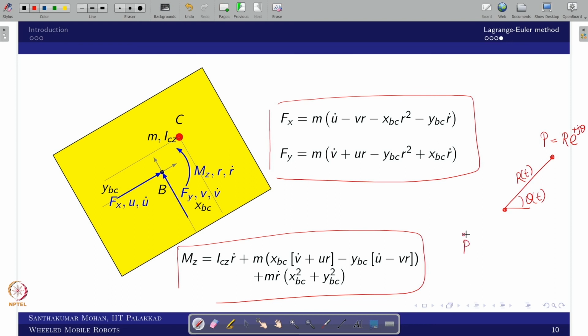What would be the P dot? P dot is R dot of t times e^(j theta), plus R of t times e^(j theta of t) times j theta dot, right?